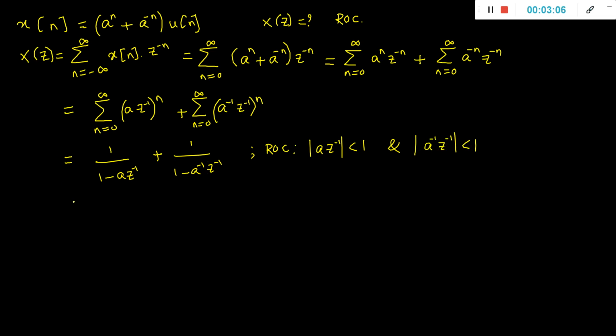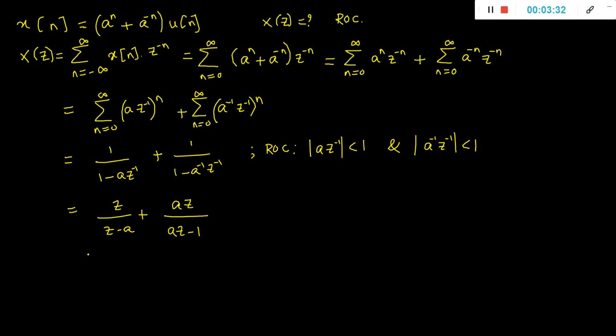So if I try to rewrite them, this is going to be z divided by z minus a. I'm trying to convert negative powers into positive powers, plus az divided by az minus 1.